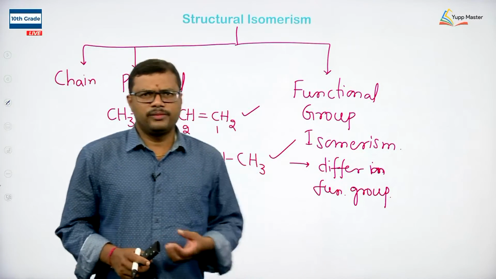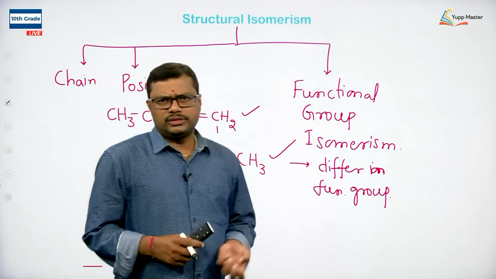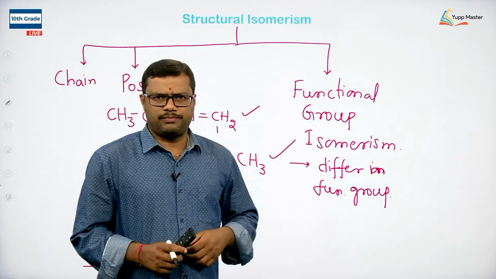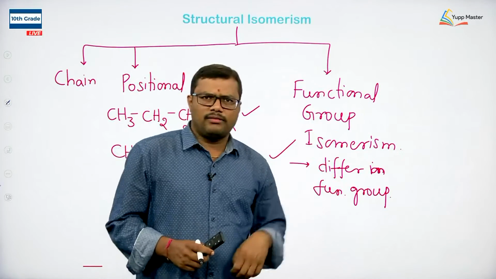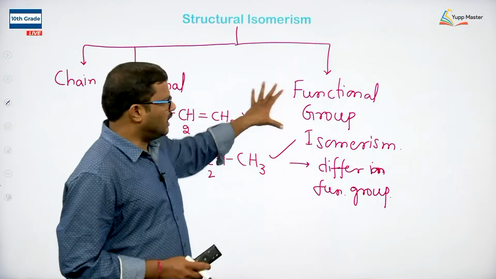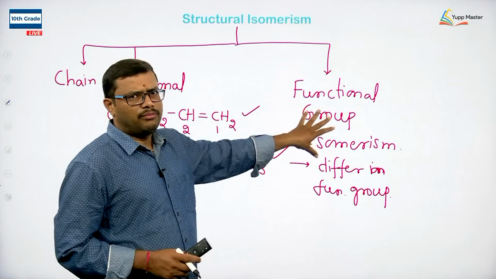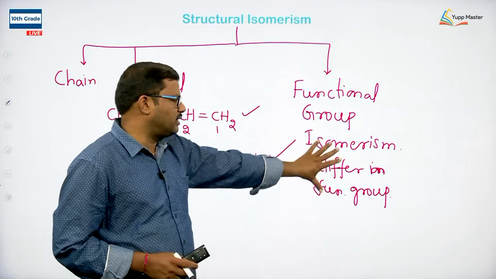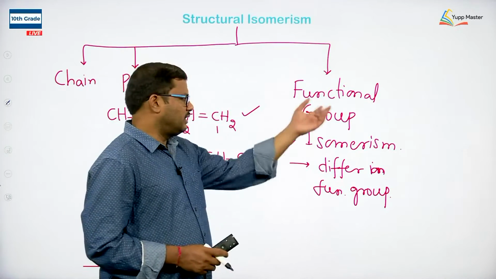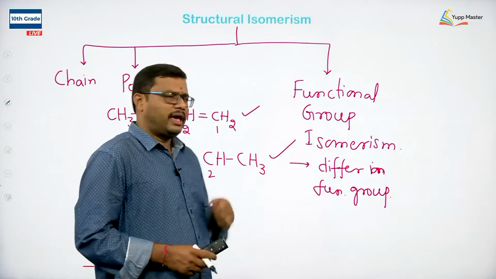What is a functional group? An atom or a group of atoms attached to a carbon chain that decides its characteristic properties is taken as a functional group. So, these are isomers in which the compounds have the same chemical formula but different functional groups. When they have different functional groups, they exhibit functional group isomerism.